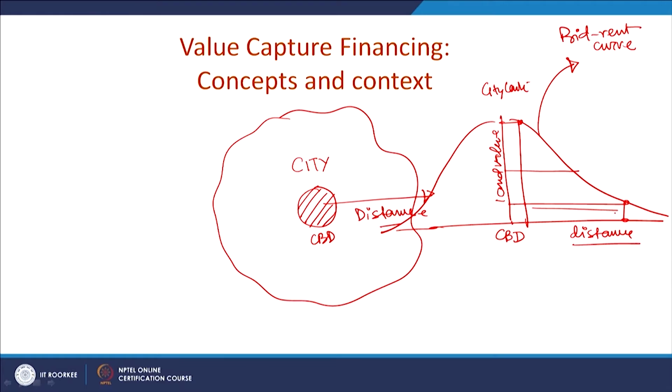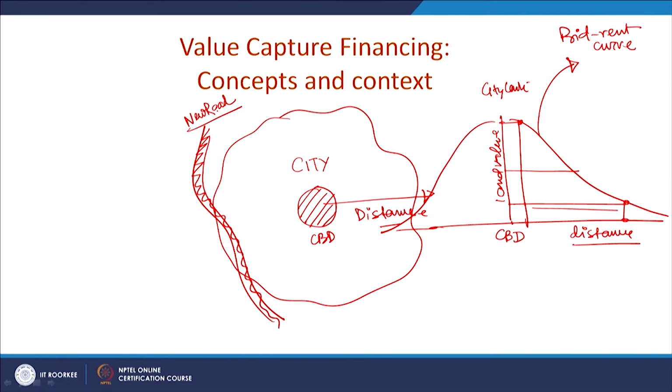Now, suppose in this situation, in the periphery I am building road infrastructure like this. This is a new road which the public authority is going to construct.